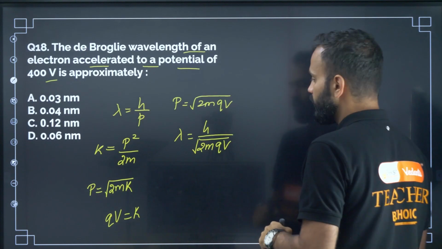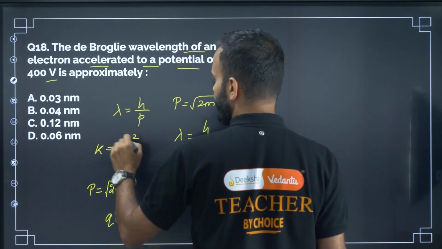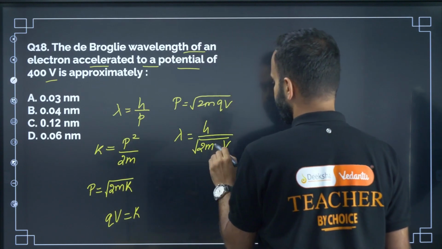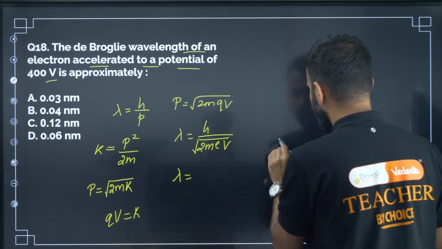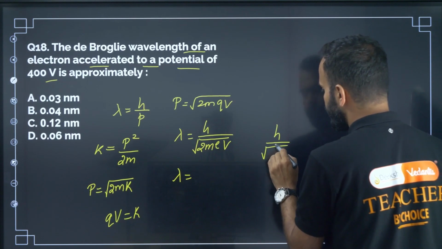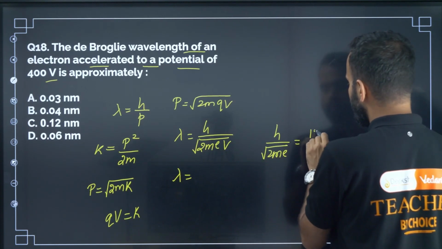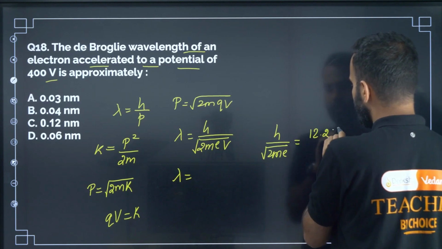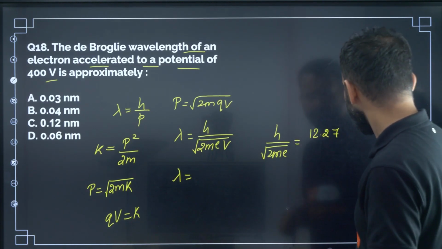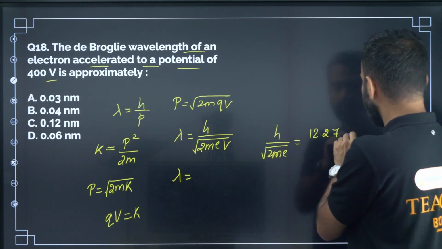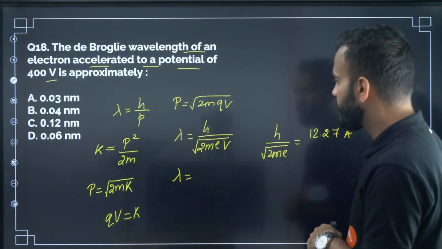What is Q? Charge of the electron, right? So it is e. Okay, I can write it as e. Now lambda is equal to here h divided by root of 2me, which is equal to 12.27 angstrom.